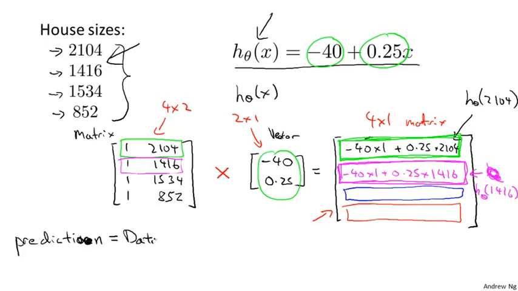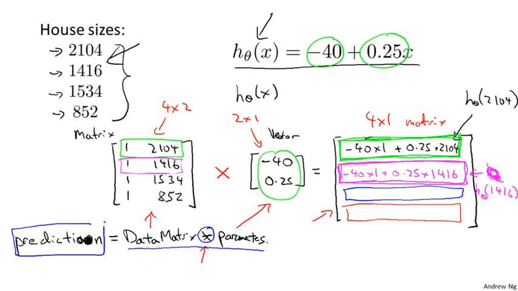You write prediction equals my data matrix times parameters, where data matrix is this thing here, and parameters is this thing here, and this times is a matrix vector multiplication. And if you just implement this one line of code, assuming you have an appropriate library to do a matrix vector multiplication, then prediction becomes this 4 by 1 dimensional vector on the right that gives you all the predicted prices.